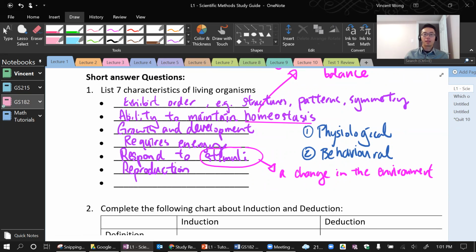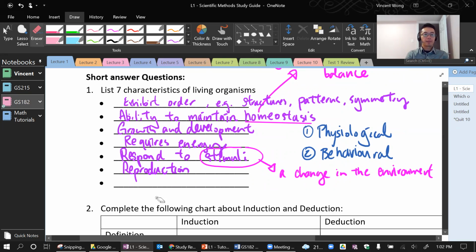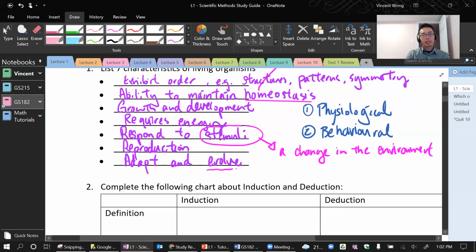Humans make more baby humans, pandas make more baby pandas, sunflowers will make more sunflowers. They reproduce and make their own kind. And finally, they are able to adapt and evolve. It's important to remember that evolution is talking about the population. Populations evolve, not individuals.